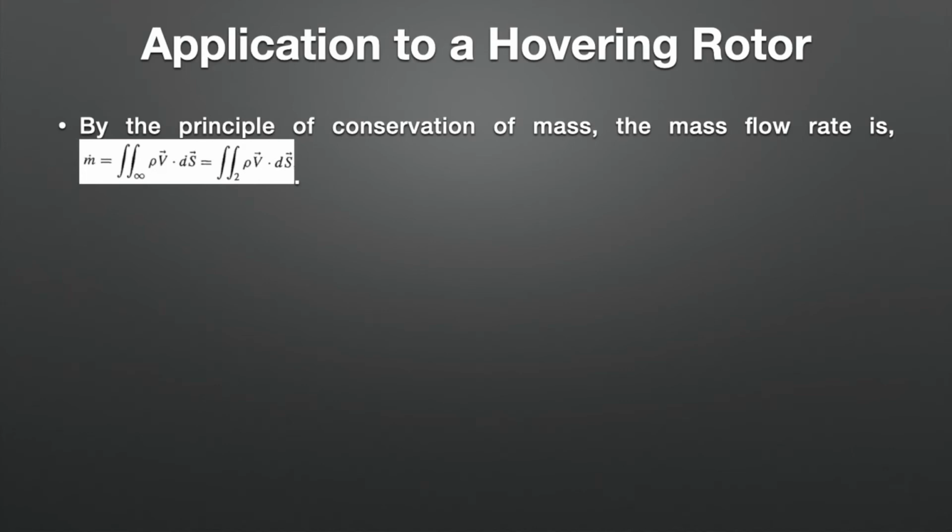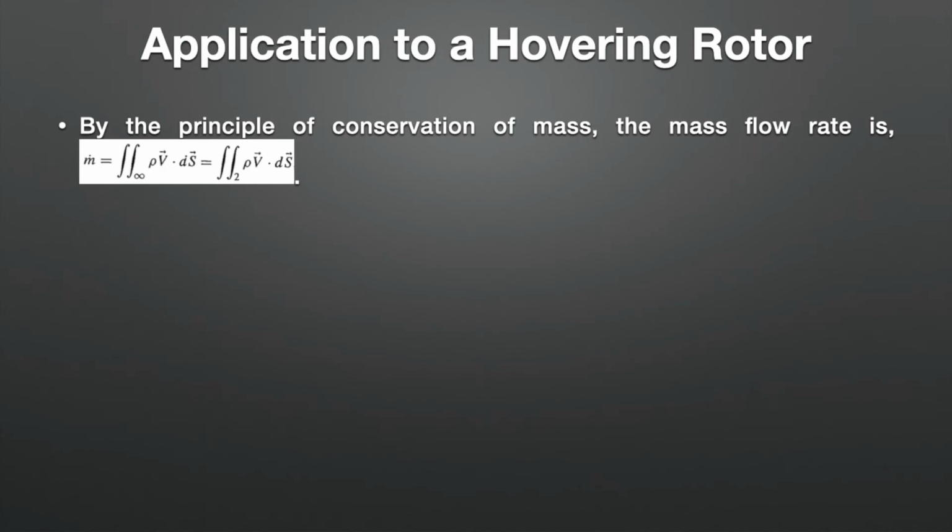Therefore, mass flow rate m dot is given by double integration at the vena contracta region rho into V into dS, that's equal to double integration at the plane, cross section 2, rho into V into dS. So it should be constant mass flow rate.